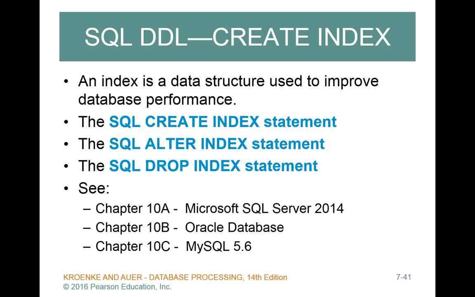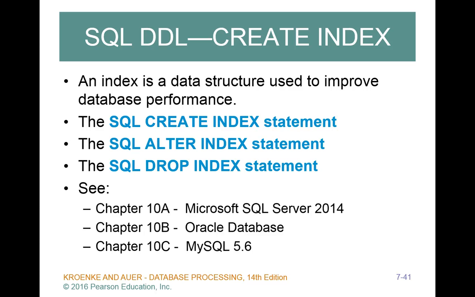There's also a create index command. This is used to help improve database performance. This is a special data structure that's created to improve data performance, but it also creates an index on all primary key and foreign key values. This way, developers can direct SQL Server to create an index on other columns as well that are used frequently in where clauses or on columns that are used for sorting data when sequentially processing a table for queries or reports.